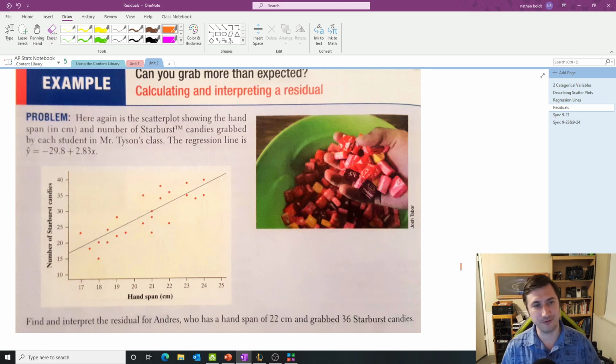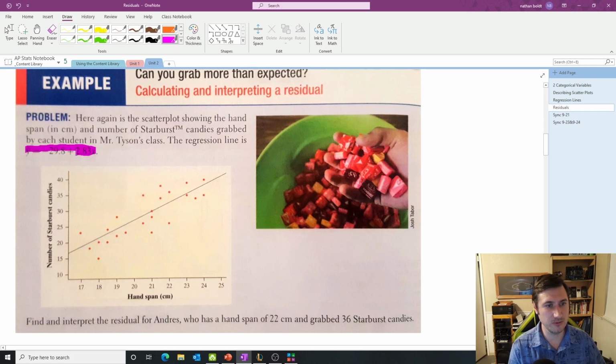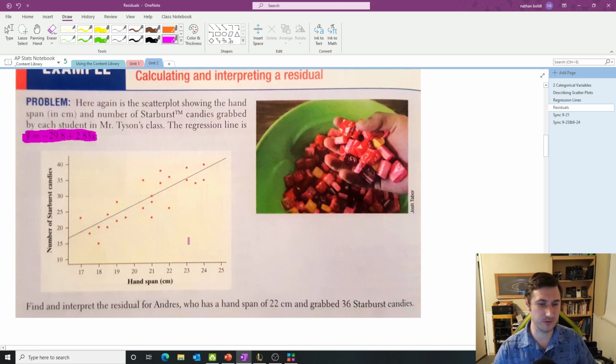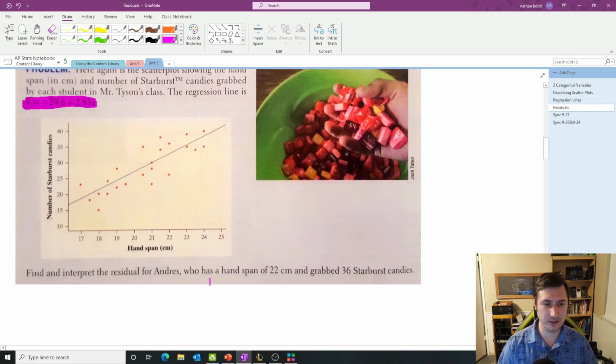That one was a lot of fun to do. Here we have the scatter plot and the regression equation that we're going to use. We need to calculate the residual. Andre has a hand span of 22, and he actually grabbed 36. So what residual does that give us?